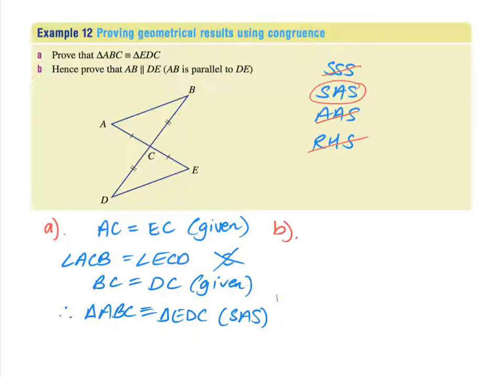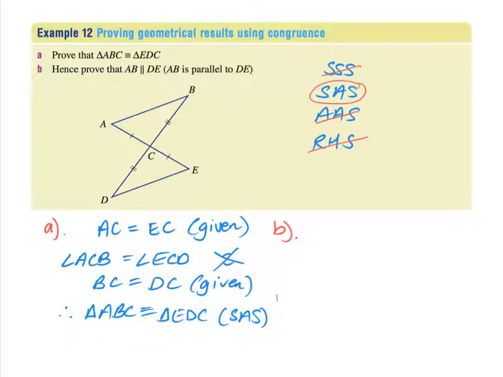Okay, so now that we've proven that these two triangles are congruent, we can actually answer the second part of the question. Hence, prove that AB, and this symbol here means parallel, it's just said that in the brackets here. So we're proving that AB is parallel to DE.